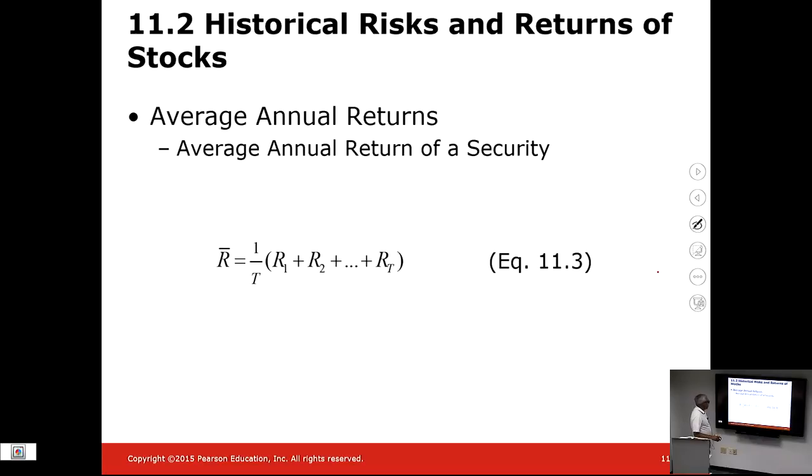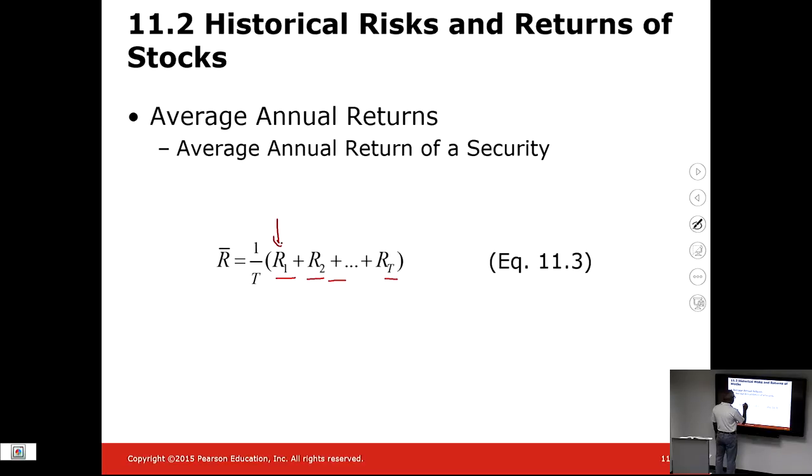And the way we calculate the mean is we simply add up the returns that we have for whatever number of periods. Now we are not limited to a 12-month period. We could have quarterly returns for the last 10 years. We could have monthly returns for the last 10 years. Or we could have annual returns for the last 10 years.